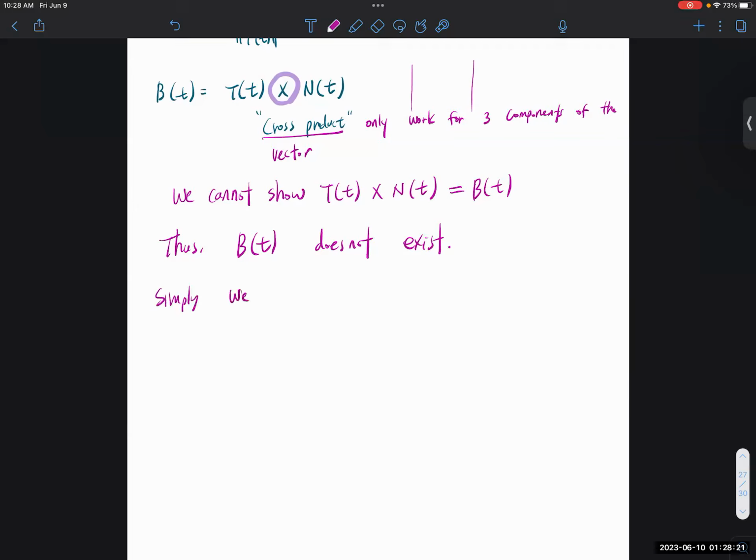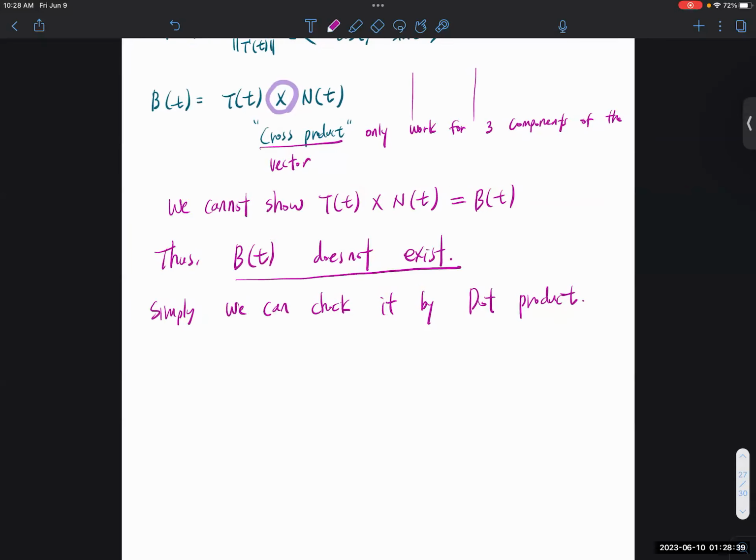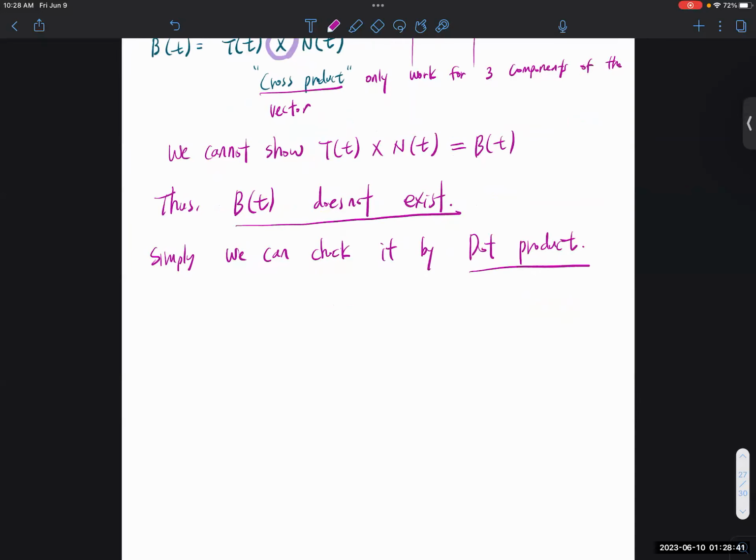So simply, we can check it by dot product. The dot product works for 2 components. So remember, B(t) does not exist, but let's try the dot product. This is a 2 component dot product.